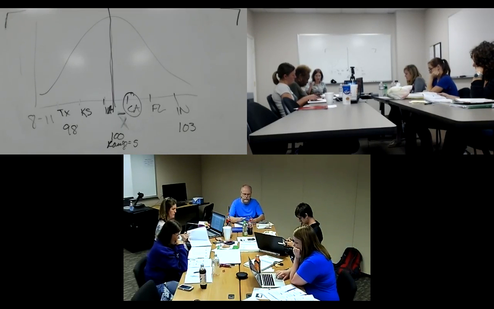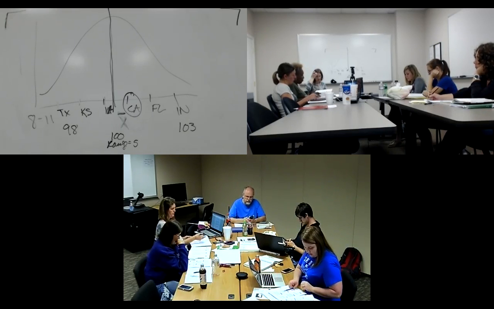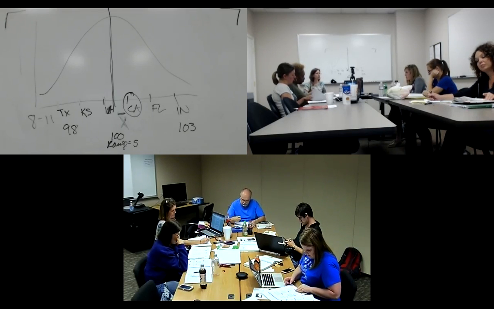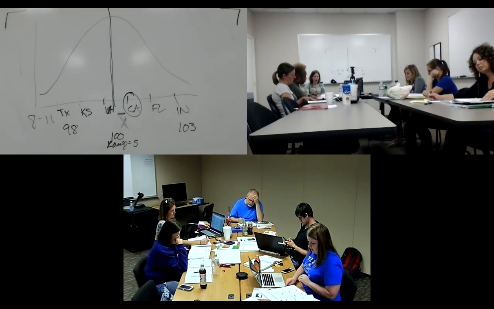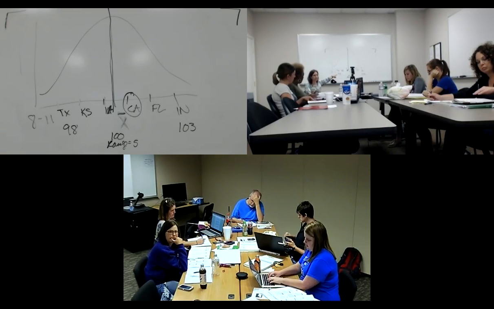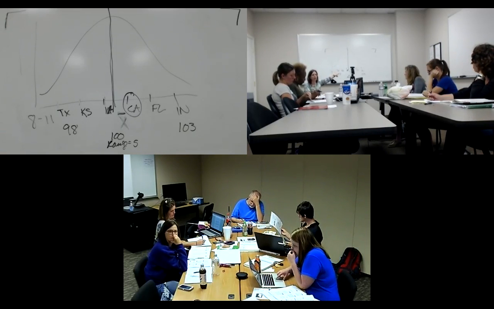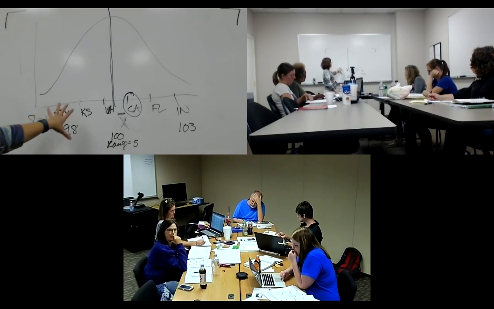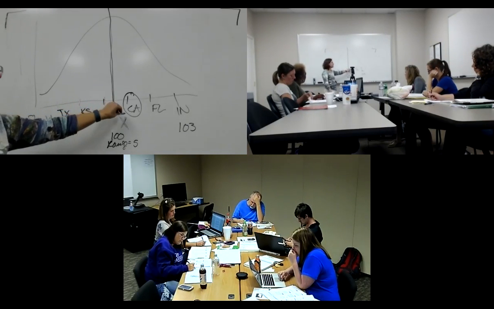Okay, the central limit theorem is just kind of one of those conceptual ideas. And what it does is it defines the mean, the standard deviation, and the shape of our sampling distribution. The sampling distribution is this distribution of means because we've sampled from Texas, sampled from Kansas, sampled.